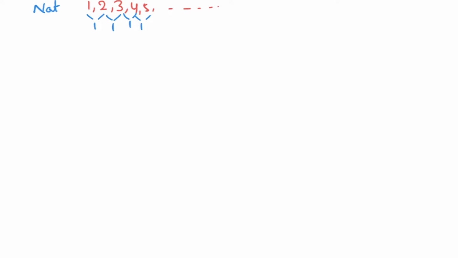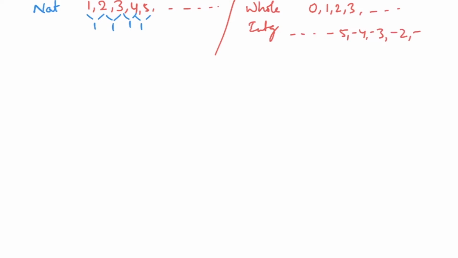And if you go for whole numbers or integers, whole numbers start from 0, 0, 1, 2, 3 up to infinity. Integers minus 5, minus 4, minus 3, minus 2, minus 1, 0, 1, 2, 3. Still difference is equal. If you see for natural numbers, whole numbers and integers, there is a common difference.